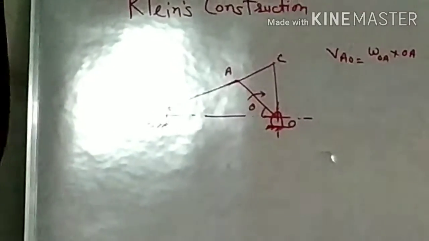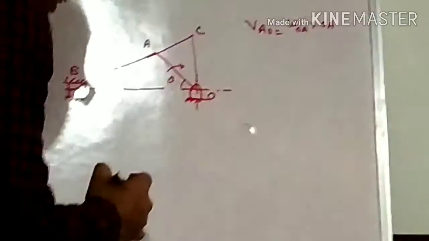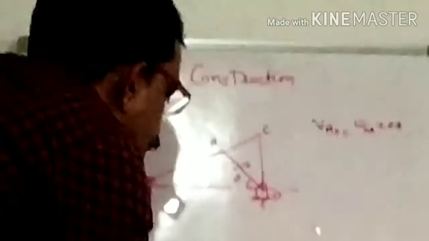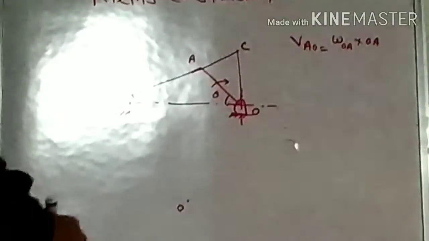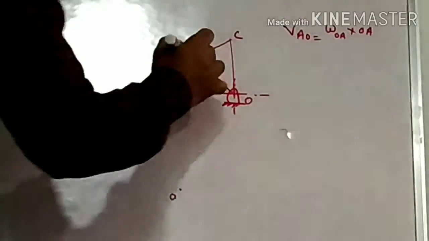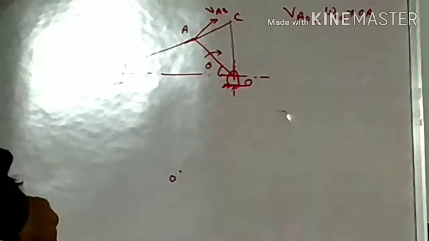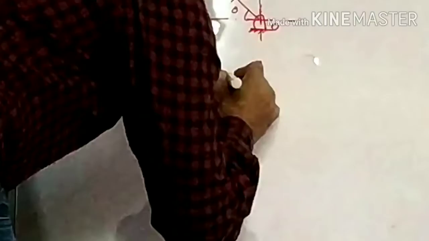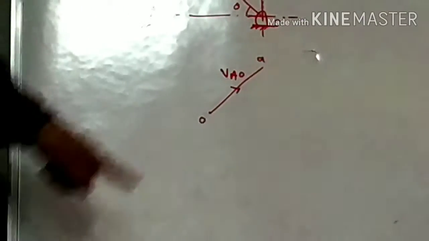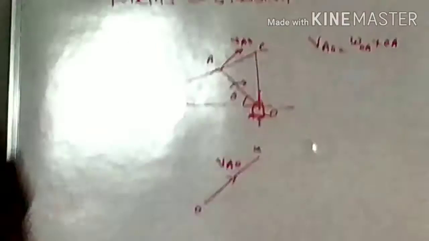Then we take a scale and mark the point O. The velocity vector is always perpendicular to link OA, so we draw the vector OA. That vector represents the velocity of A with respect to O. For this we have to choose the scale from the magnitude.